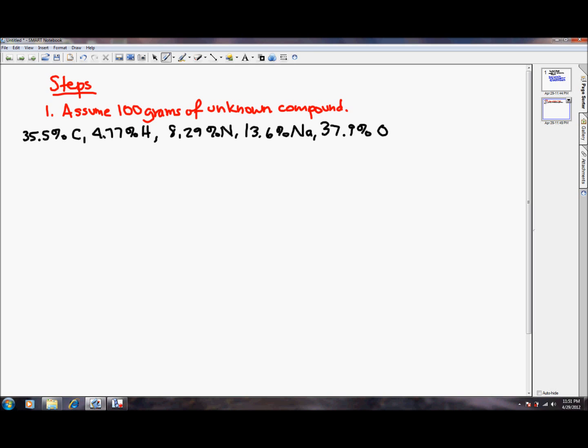Okay, so assuming 100 grams, all of the percent symbols become grams, because 4.77% of 100 is 4.77. I told you, this is a convenient assumption. Okay, so now we have some grams to start with.